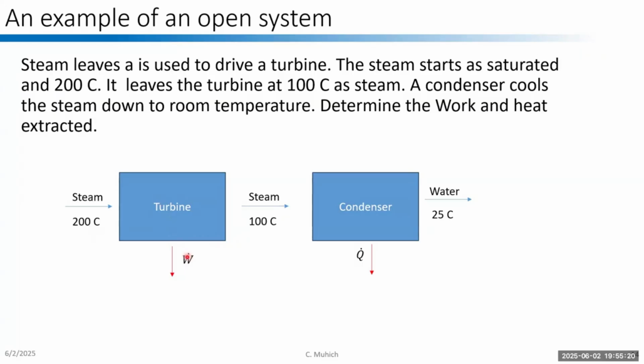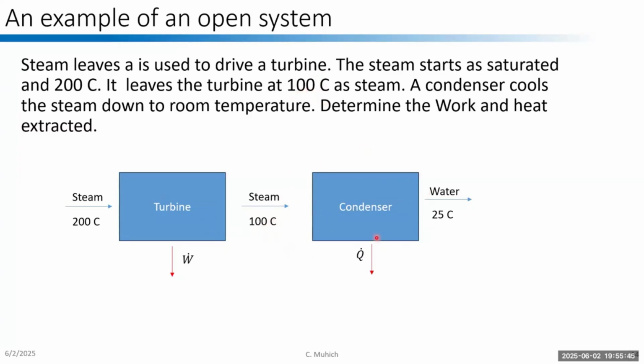My turbine, right, that's there to extract work. So I know that work is happening in my turbine. I'm going to assume that that turbine is adiabatic. And I have steam that's coming out of the turbine at 100 degrees C, right, because the problem statement tells me so.